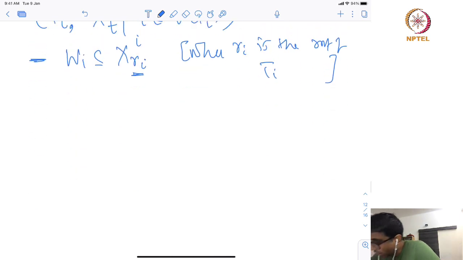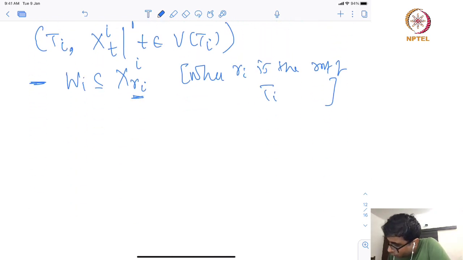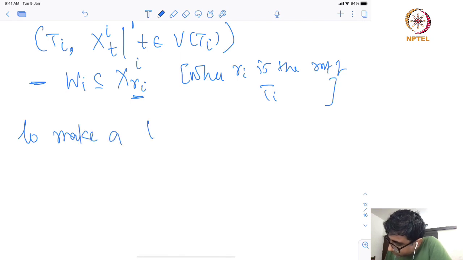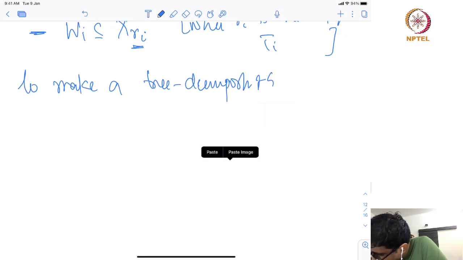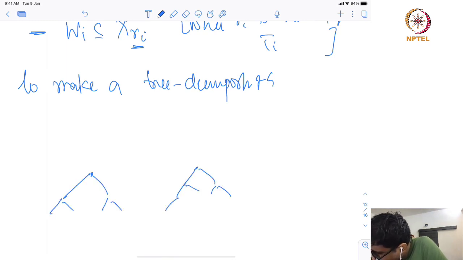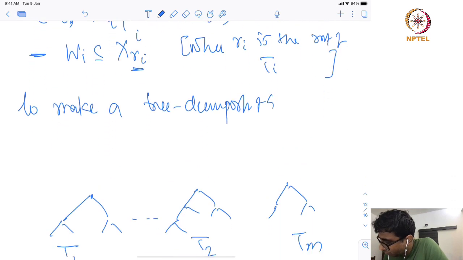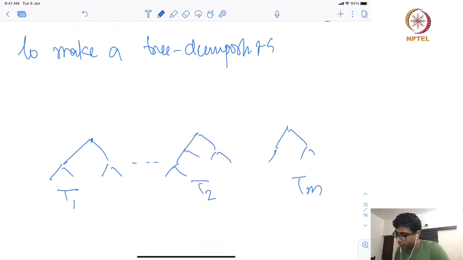So now what will I do to make a tree decomposition of G? Here are my trees T_1, T_2, ..., T_m, and their assignments.